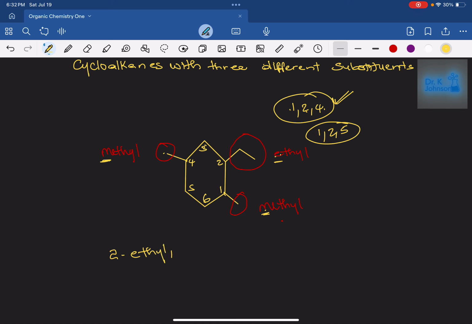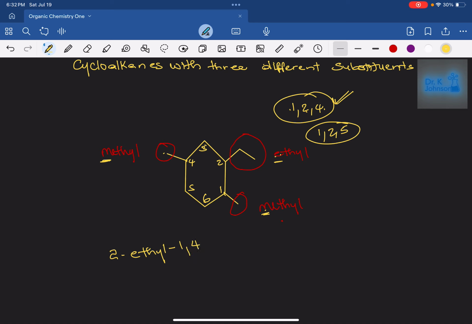On carbon 1 and on carbon 4, I have methyl groups, so you write 1,4. You have to separate your letters from your numbers with a dash.